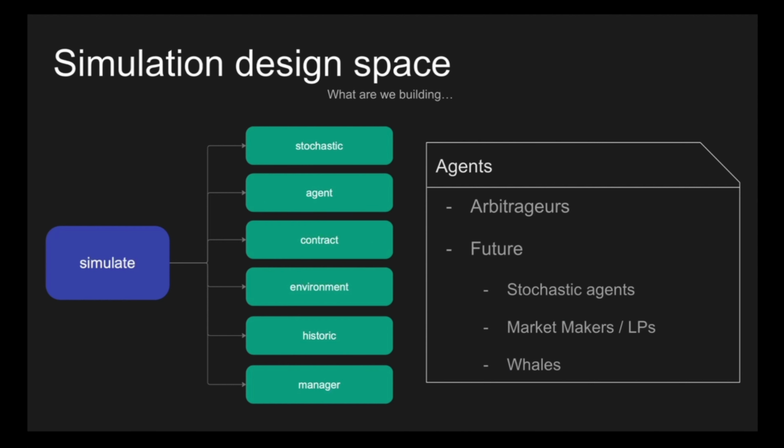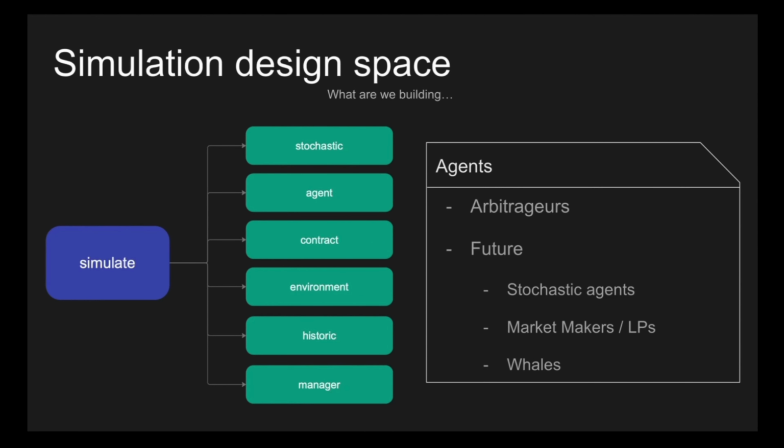For example, the price processes that we're talking about all live inside this stochastic module, which we plan on adding to in order to have other agents that also behave stochastically. So, further plans there. For example, retail traders can be quite stochastic. All the traits and behavior of agents are going to go inside this agent module, and we're going to continue to add there quite a bit as well.